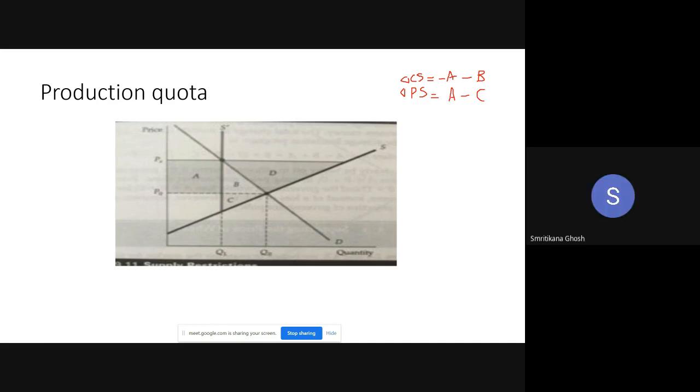Look, you are going the right way, but somehow you cannot get there. Look, if the price is P1, the producer can sell up to this much.